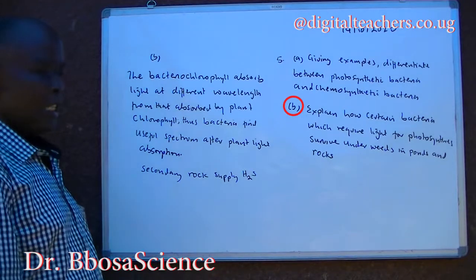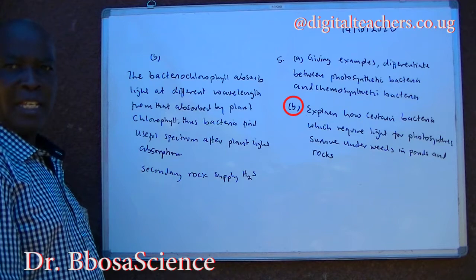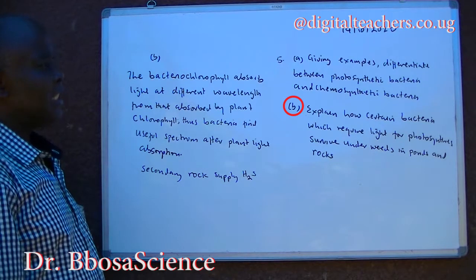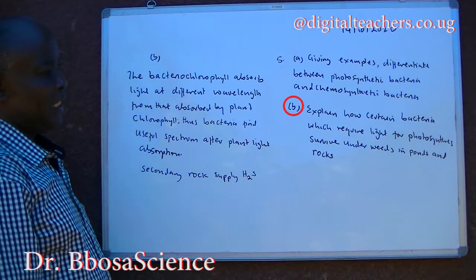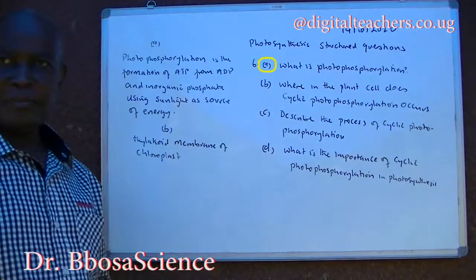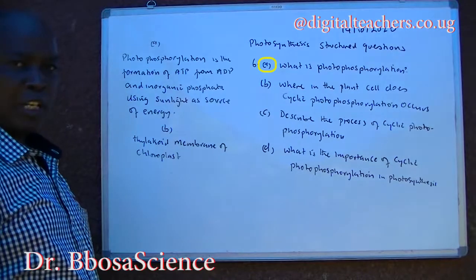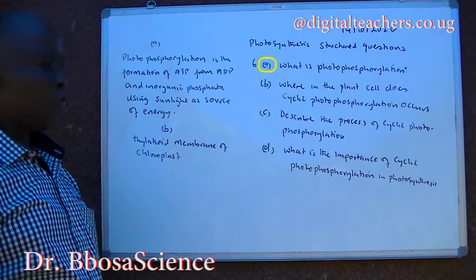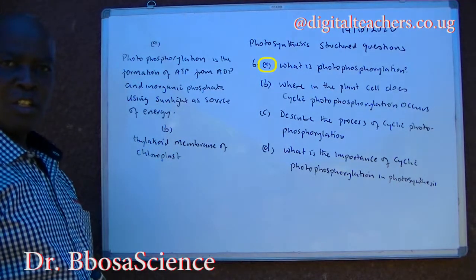Secondly, the rock supplies hydrogen sulfide, which provides hydrogen for reduction of carbon dioxide in photosynthesizing bacteria. 6a. What is photophosphorylation? Photophosphorylation is the formation of ATP from ADP and inorganic phosphate using sunlight as the source of energy.